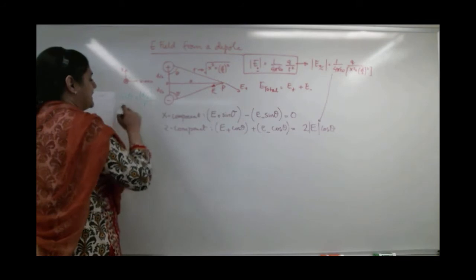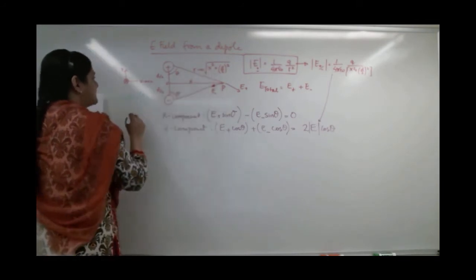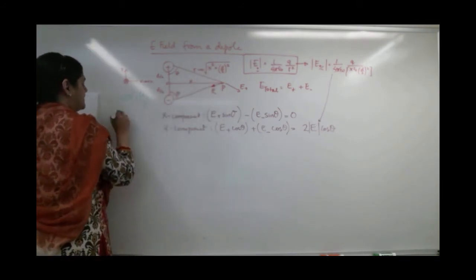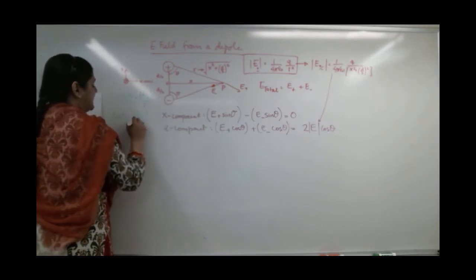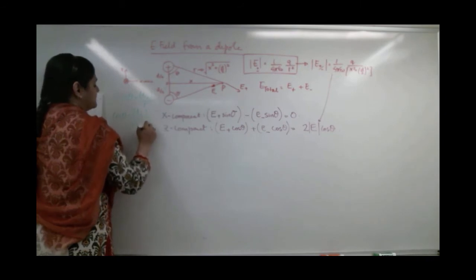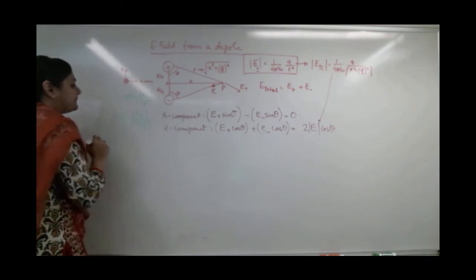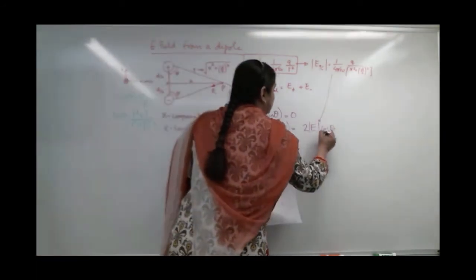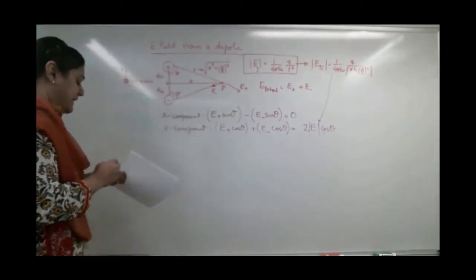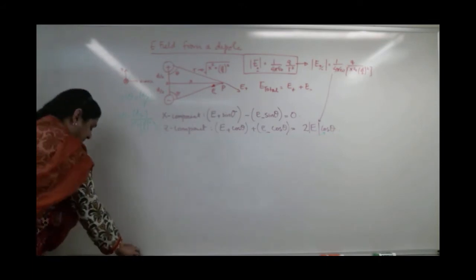And r I know is the square root of x squared plus (d over 2) squared. So cosine theta equals d over 2 divided by the square root of x squared plus (d over 2) squared. I can plug this value in here, and that value in there.